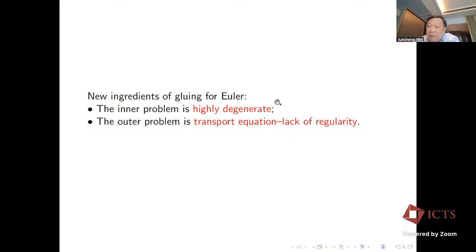So both the inner problem and the outer problem are transport equations, but the outer problem is only log epsilon better than the inner problem. This is the key. Even though for the transport equation we don't gain regularity, we can still use some kind of improvement of regularity to distinguish the inner problem and the outer problem.